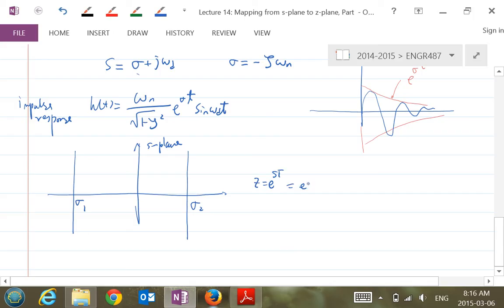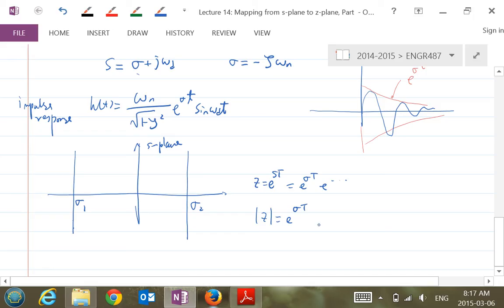So you have e to the power of sigma T and then e to the power of the rest of the term. The current situation is sigma is a constant. If sigma is constant, then the absolute value of z is always this. So after the mapping, the poles in the z-plane have one commonality: the magnitude is a constant.